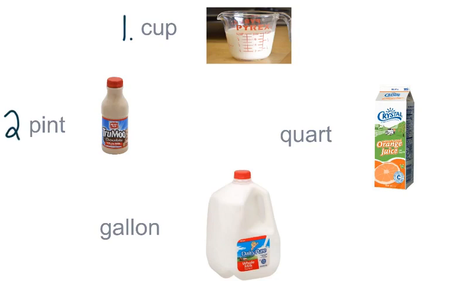Next is going to be a pint. So this container of milk holds 1 pint of chocolate milk. Next is a quart. So this container here is holding 1 quart of orange juice. And then finally, gallon. So this large container of milk measures 1 gallon.